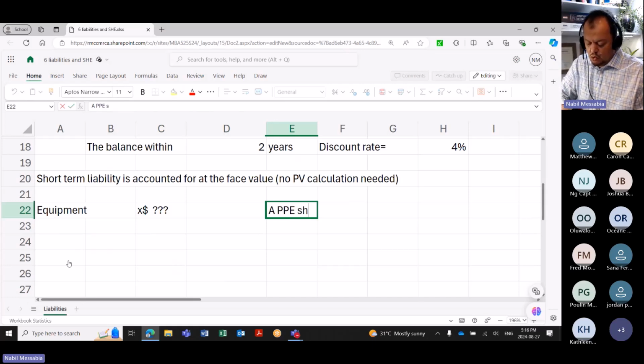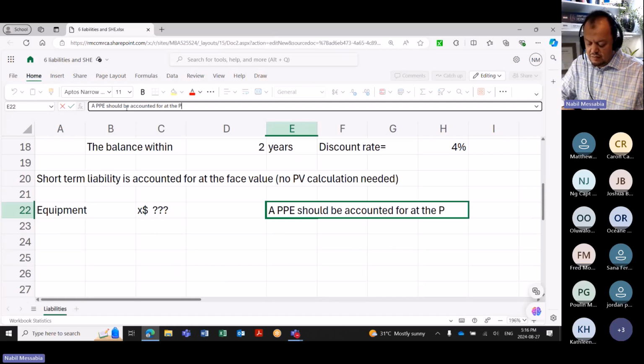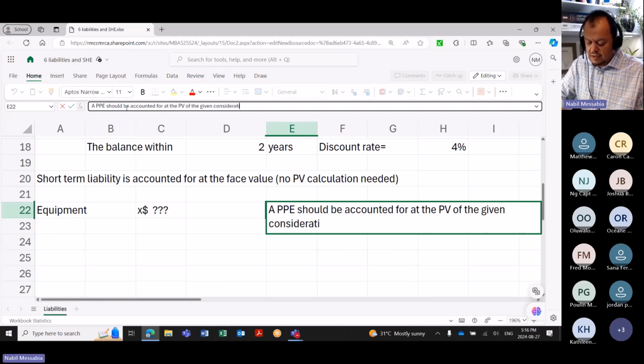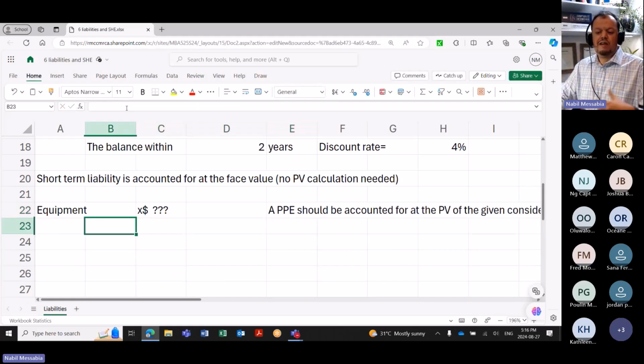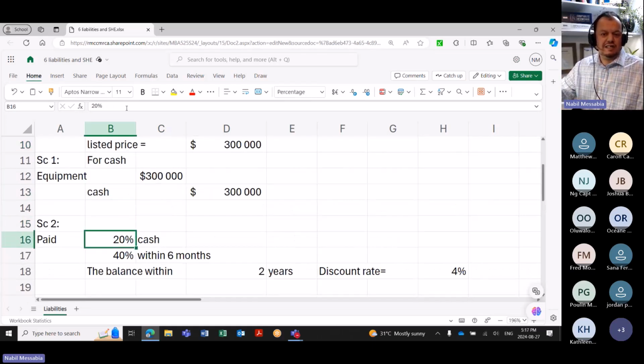PPE should be accounted for at the PV of the given consideration, which means the present value of what you gave up to get that equipment. We gave up a percentage of it in cash. The present value of cash is the same.